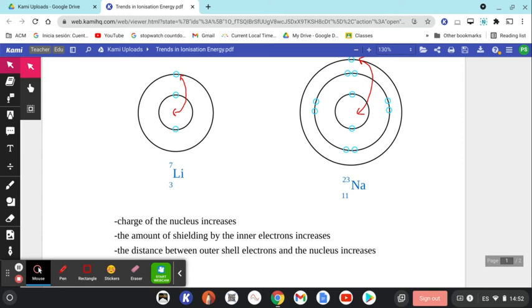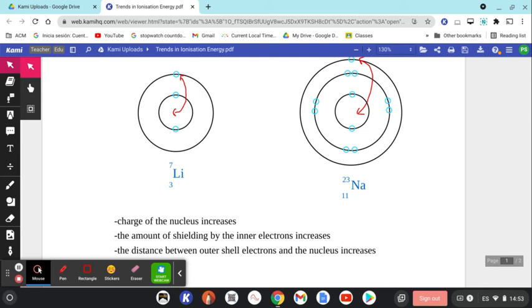Because as you go down the group, the charge of the nucleus increases because you have more protons. Lithium has 3 protons, sodium has 11, 8 more protons. So that would suggest that there's a greater attraction between the nucleus and the outer shell electron. And therefore, the trend you would imagine would be the opposite, an increase down the group.